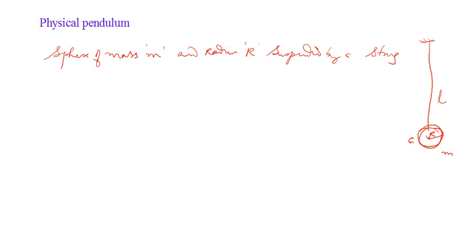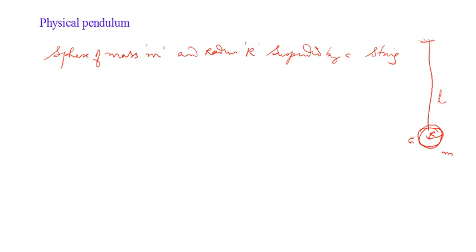If the size of this particular bob is small, if it is a point mass, then it is known as a simple pendulum. So I can say the physical pendulum is a special case of a compound pendulum, and the simple pendulum is a very special case of the physical pendulum. That is the way you can understand it.